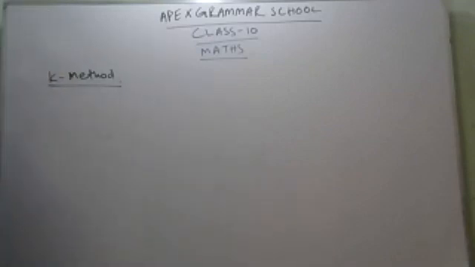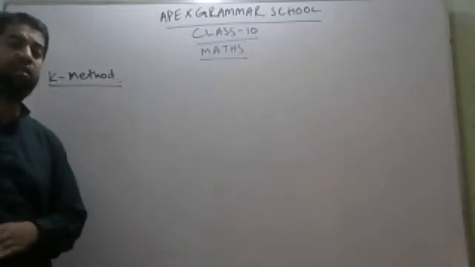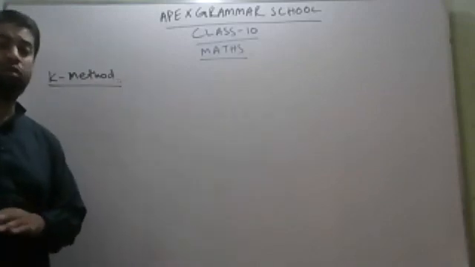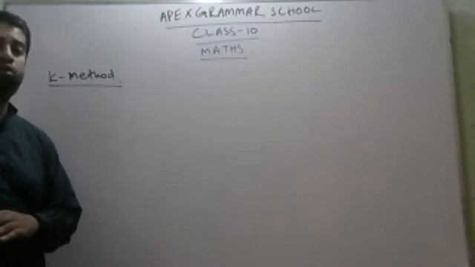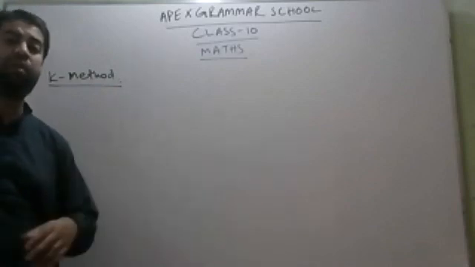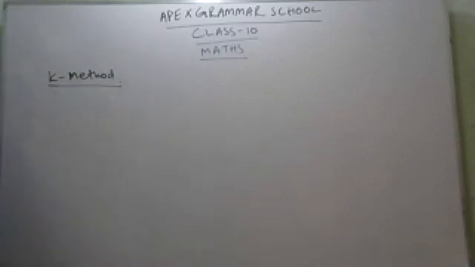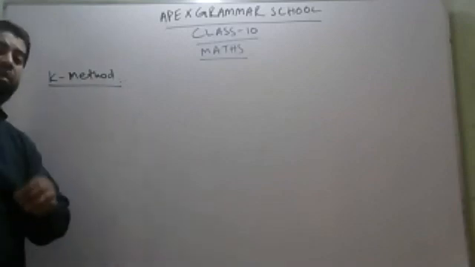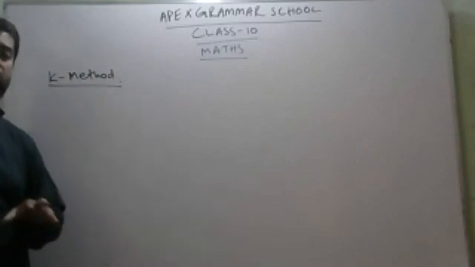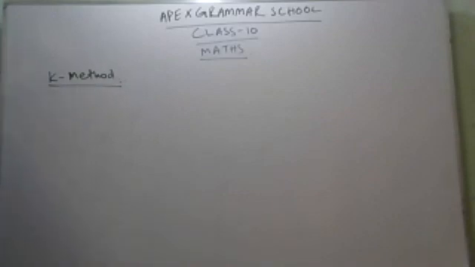Some values increase and some decrease according to the proportion given. So their increment or decrement will be totally based upon these constant values. Okay, so what will be the K method?